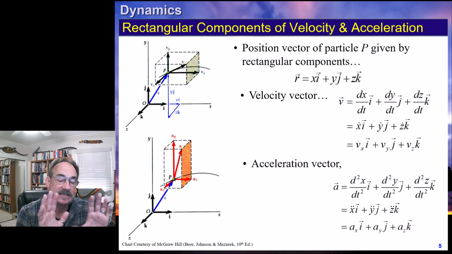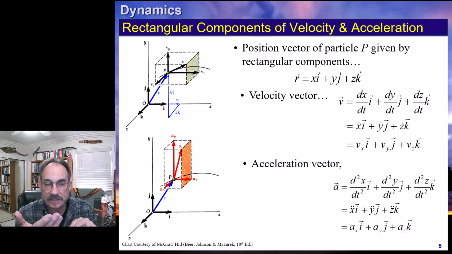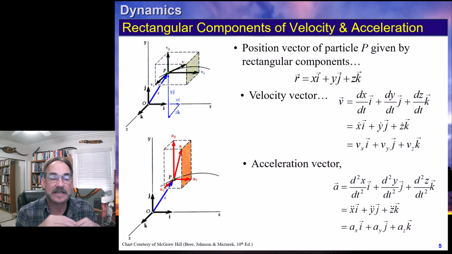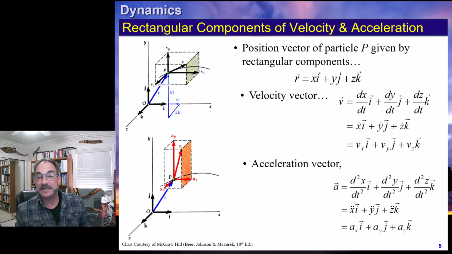Okay. Now the acceleration, remember the acceleration is just the derivative of the velocity. So we can take the velocity written as a position vector, the dx dt, just take the derivative again, which is now just the second derivative of that position vector with respect to time.